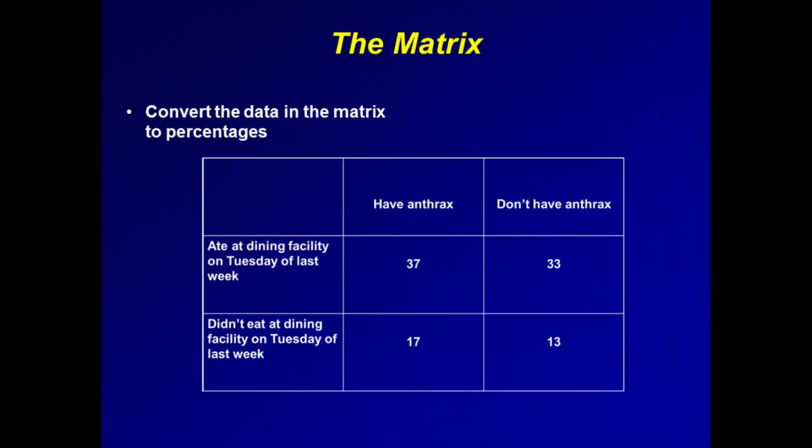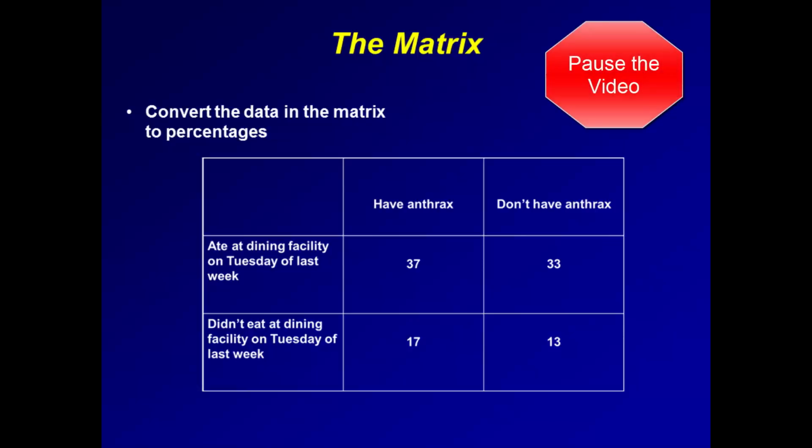Before we continue our analysis of this problem, convert the numbers in the matrix into percentages, so we can see what percentage of those who ate at the dining facility contracted anthrax and didn't. We'll then compare our percentages in that row with the percentage of those who didn't eat at the dining facility but contracted anthrax or didn't. Pause the video while you convert your data into percentages.